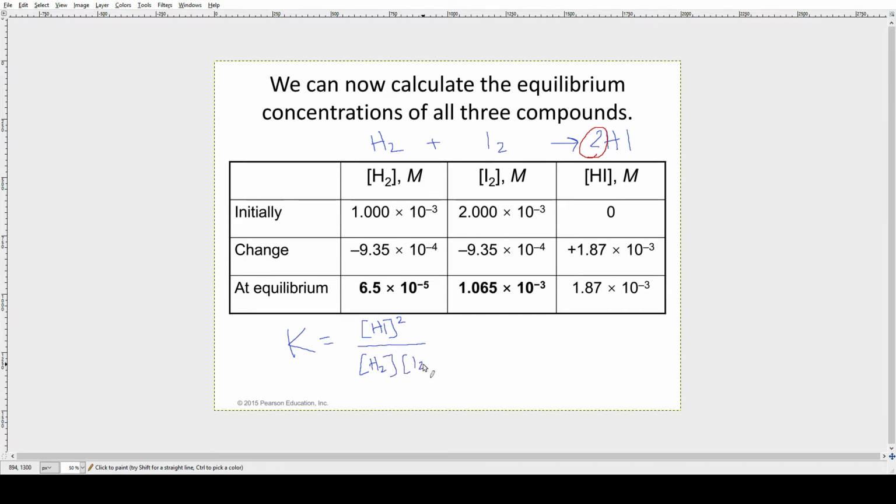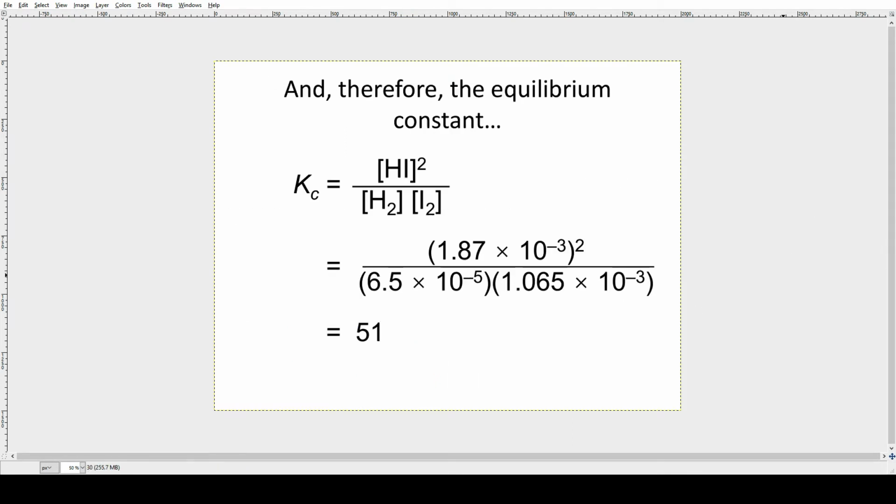It's always good to make sure, are these all gases or aqueous? We do not include solids and liquids. This problem does involve entirely gases and aqueous solutions. So we're fine. We don't have to cross anything off of here. So the next slide shows all of our numbers plugged into our formula. There it is. And it gives you an answer of 51.